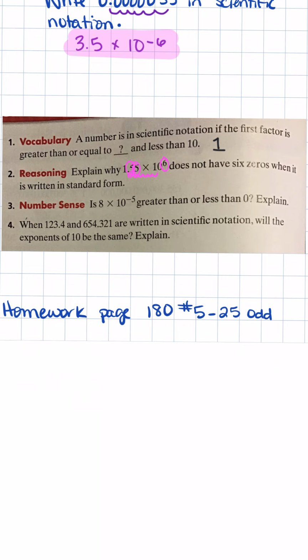Number sense. Is 8 times 10 to the negative 5th power greater than or less than 0? Explain. So it's greater than 0 because the number remains positive even though it's a decimal. So this is written 8 and it goes over 1, 2, 3, 4, 5.